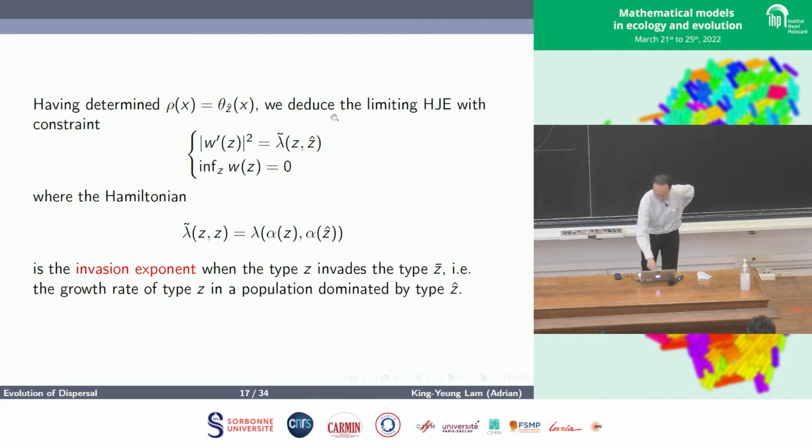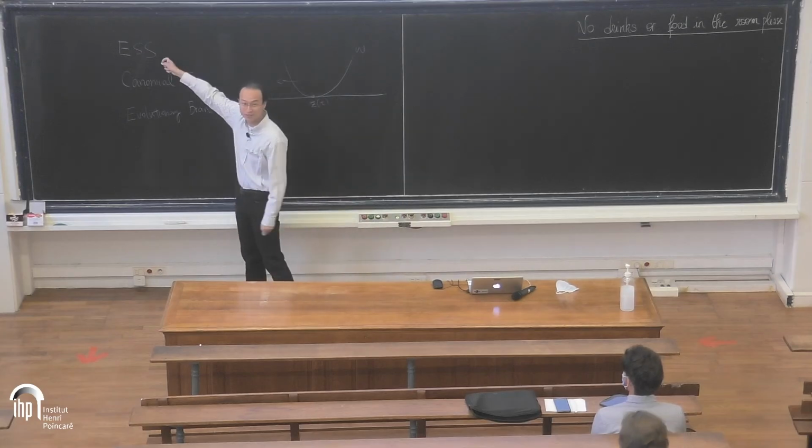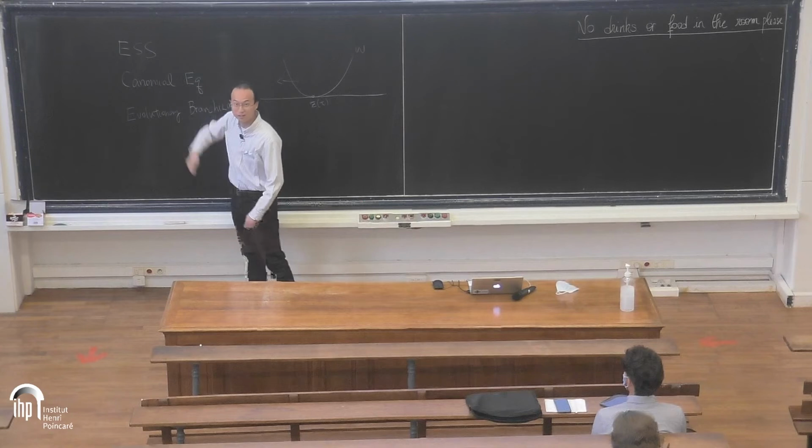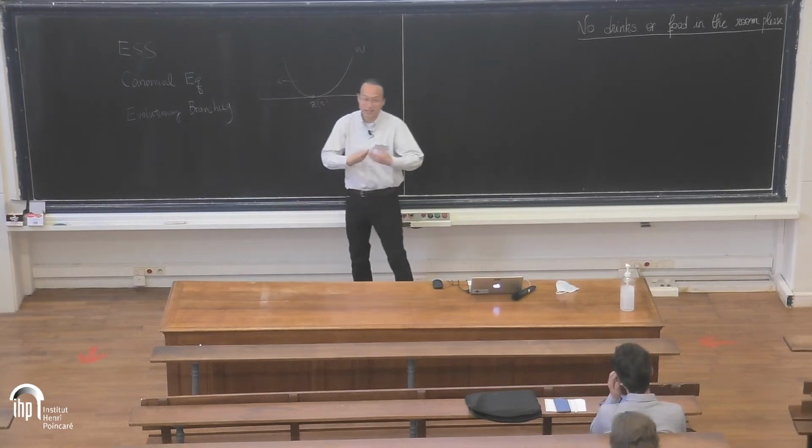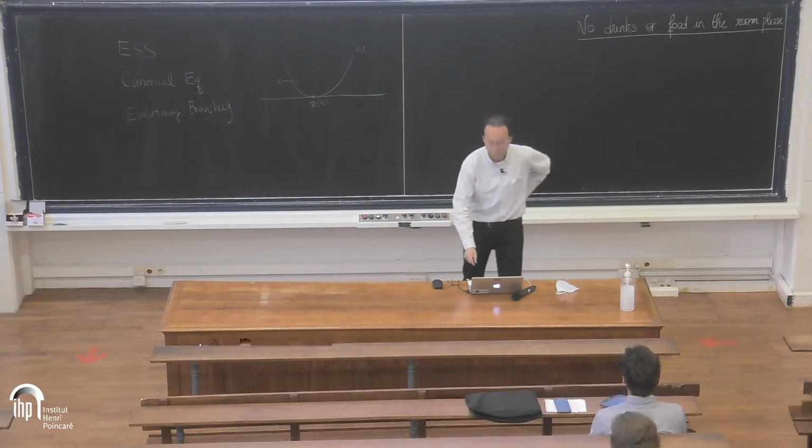The Hamilton-Jacobi equation tells us another thing. This is a square, so this is a non-negative term, which means this lambda is non-negative for all z. This means that no type z can invade type z hat, and this is actually the interpretation of the evolutionarily stable strategy: a strategy that cannot be invaded by any other type.